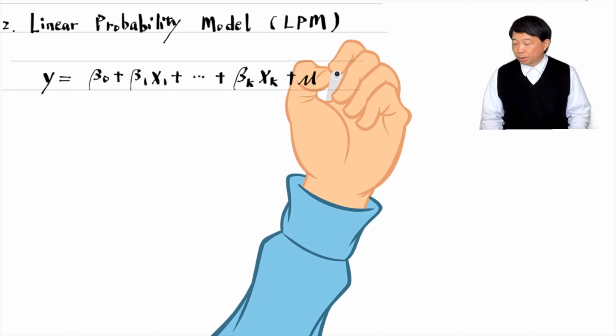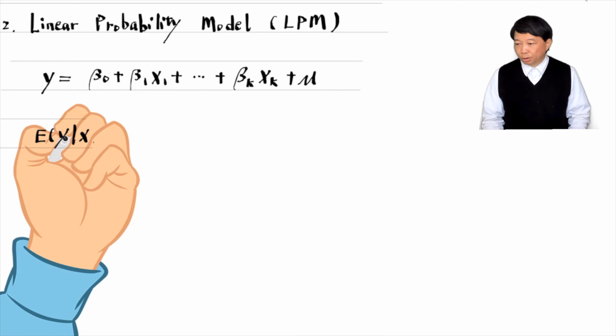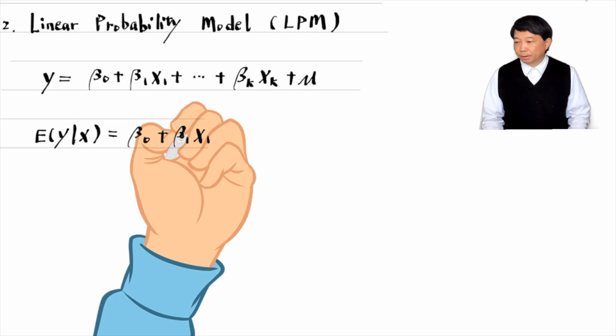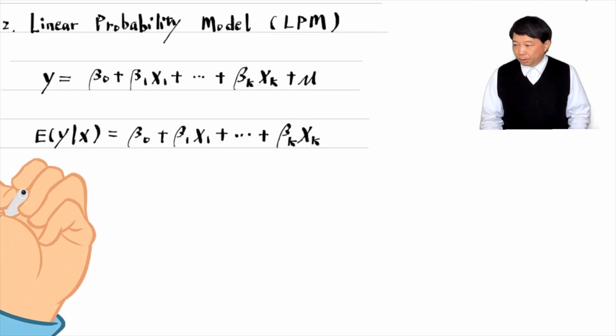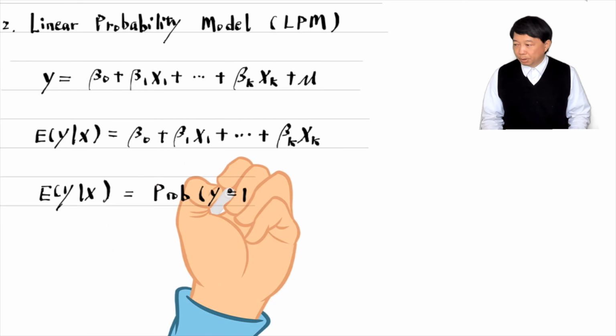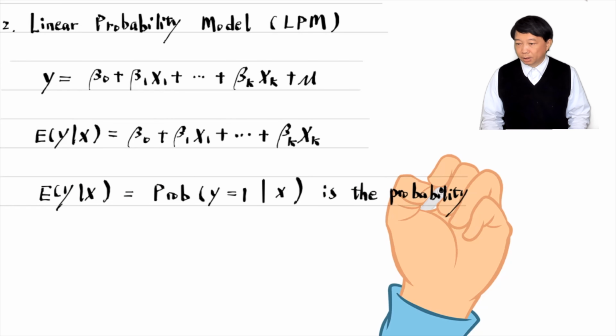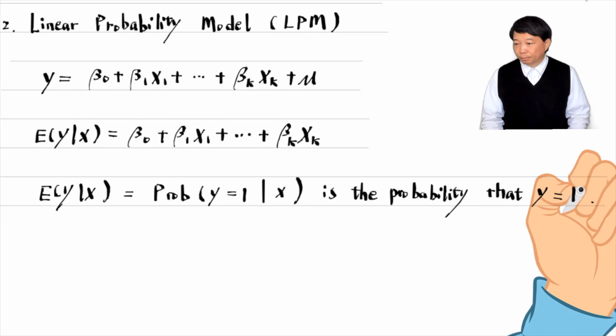Given that the zero conditional mean assumption holds, we can write the equation of the expected value of y. For a dummy variable y, the expected value of y can be interpreted as the probability that y equals 1. People also interpret it as the probability of success, since y equals 1 means the event occurs.